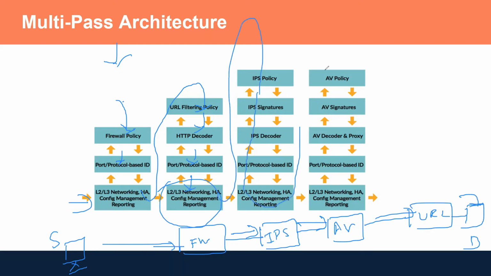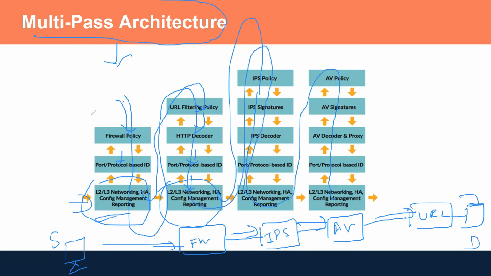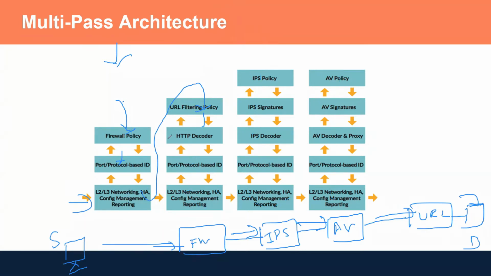So this is what happens in multi-pass. Your packet is passed through the same checks multiple times. For example, layer 2 and layer 3 checking, and port and protocol checking, happen multiple times. That's the multi-pass architecture, which makes the firewall really slow.